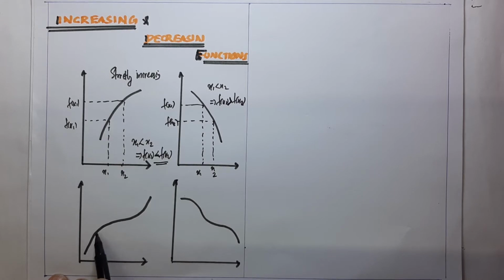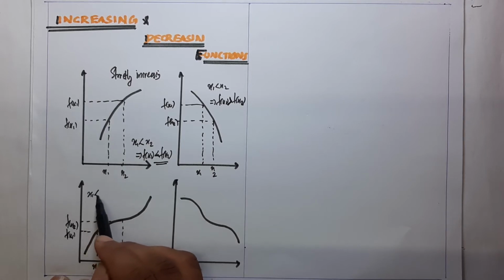Here, similarly, we take x1 and x2. Their images are f of x1 and f of x2. In this case, there is some point where the images of x1 and x2 are equal, that is, f of x1 and f of x2 are equal.